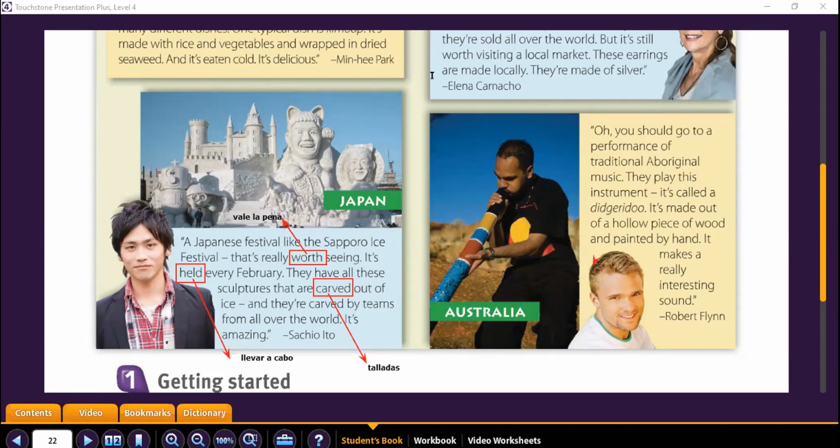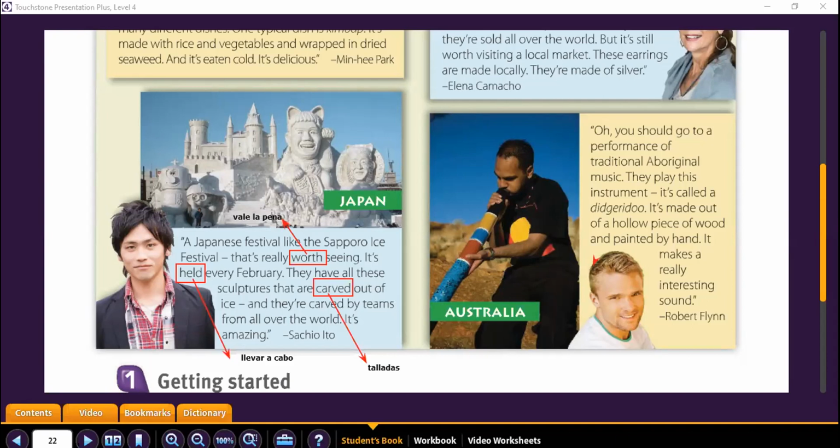How you should go to a performance of traditional Aboriginal music. They play this instrument. It's called a didgeridoo. It's made of a hollow piece of wood and painted by hand.